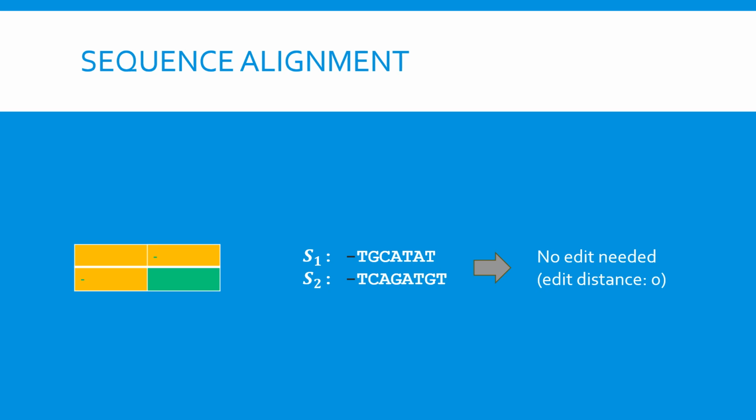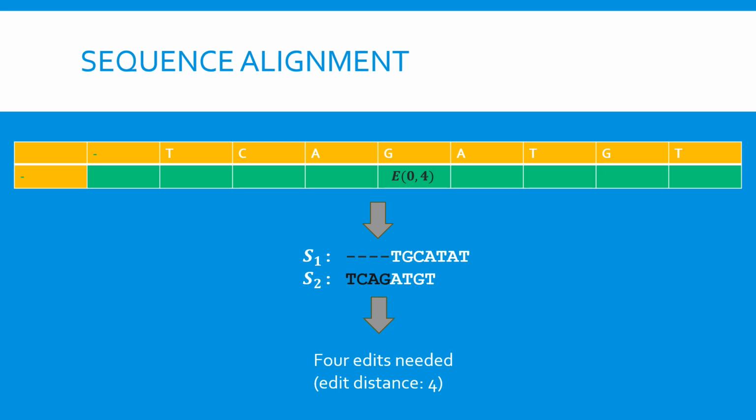To compute the value of E(0,0), we know that it corresponds to the case where two beginning gaps are aligned. Since gaps are identical and no edit is required, the value of E(0,0) should be 0. To compute the value of the first row, note that it corresponds to the case where beginning gaps in S1 are matched with the prefix of S2.